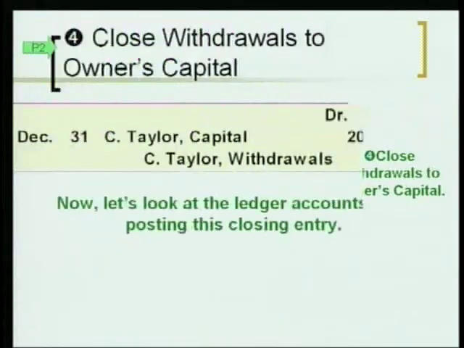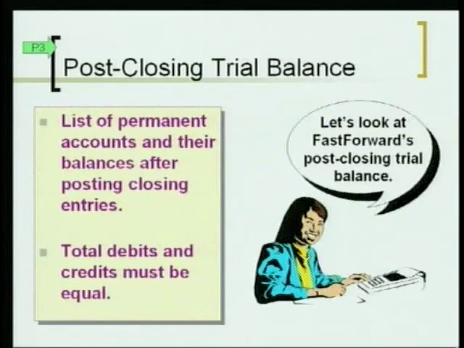But then I want to show you what a post-closing trial balance is. A post-closing trial balance is after we do the closing entries, and it is simply a list of all the permanent accounts and their balances after we post those closing entries. The total debits have to equal the total credits.